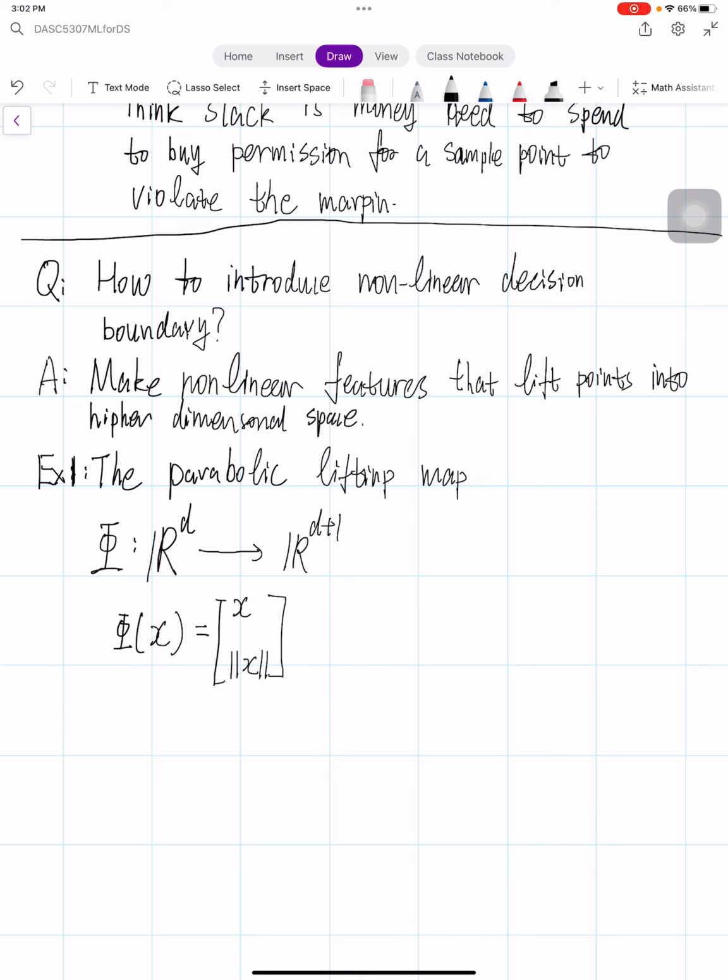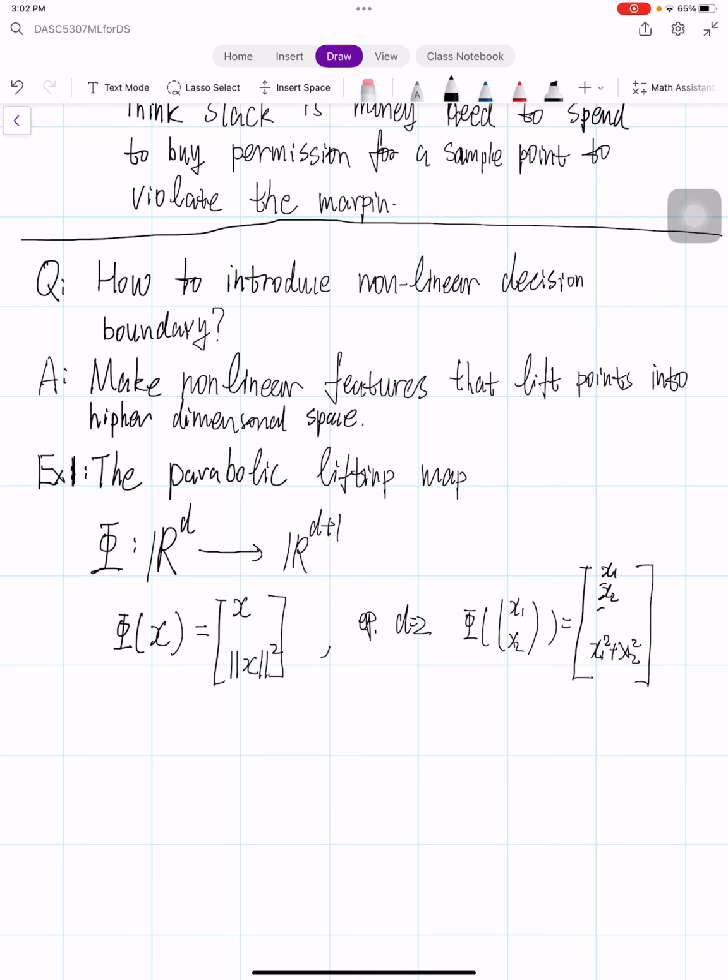Here, for example, if D equals 2, this function maps x1, x2 to the first two dimensions, which we keep the same, x1, x2, and the last dimension we add is the length squared, so x1 squared plus x2 squared.